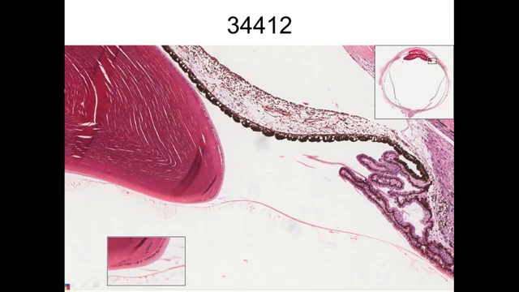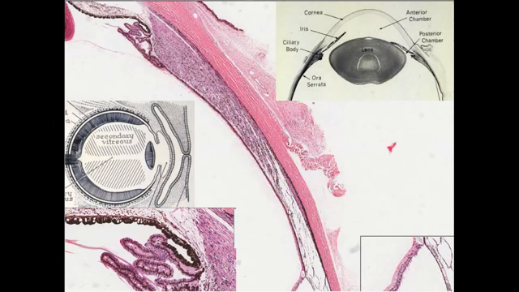So ciliary processes, nice zonules running in through there that we can see, the iris that we see in through there, and here we can see kind of the development of these things. This is the eyelid, and the stratified squamous epithelium of skin becomes the conjunctiva that's inside the eyelid, and then we have stratified squamous epithelium over the surface of the cornea.